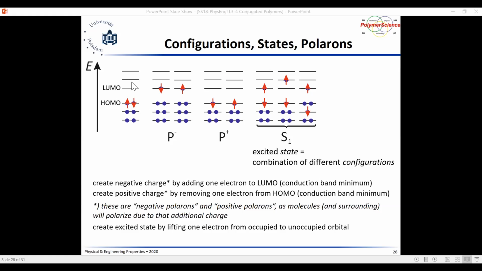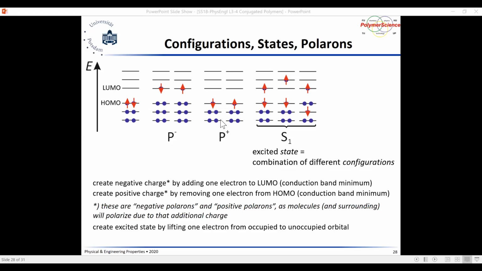Now, by different means, we can excite the system. And when we excite the system, we can either put an electron into the lowest unoccupied molecular orbital, or we can take one electron from the HOMO. In both cases, what we now have is a polaron.